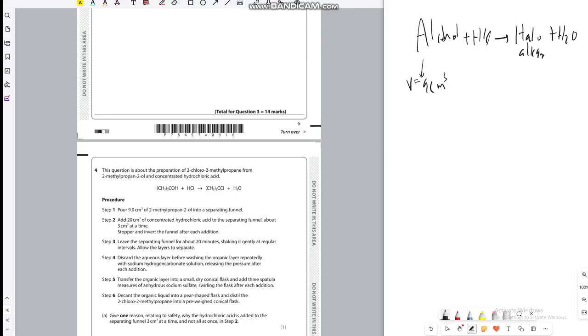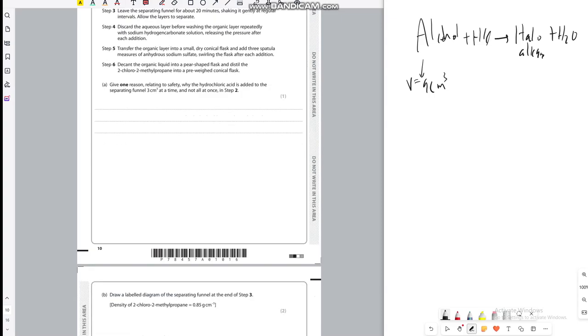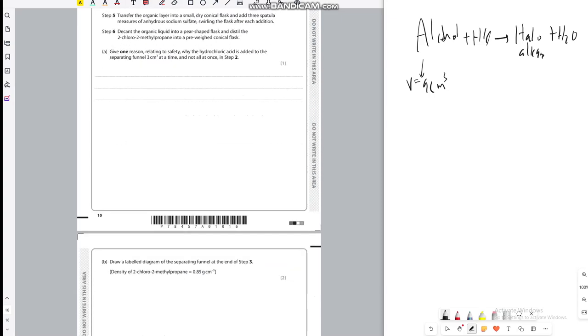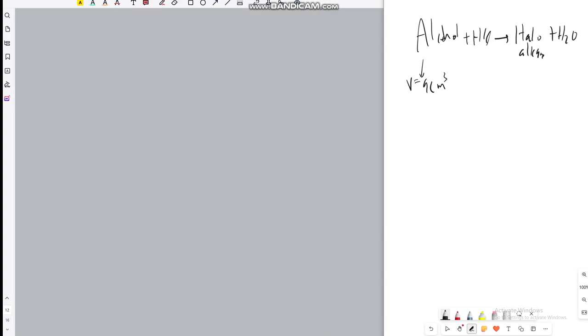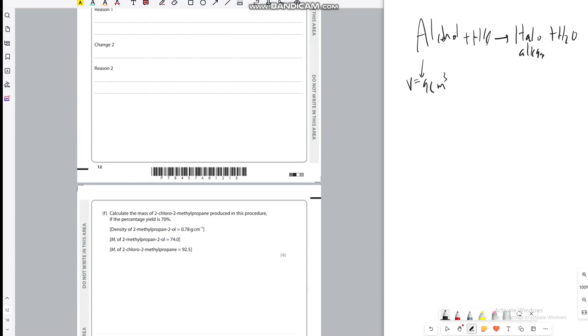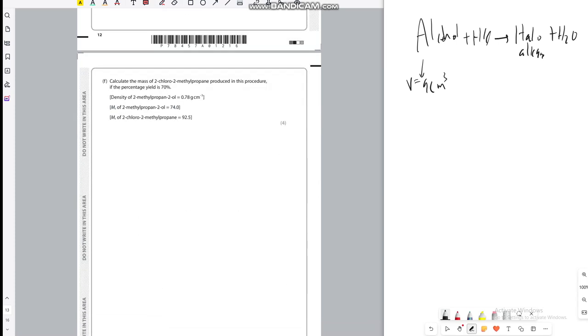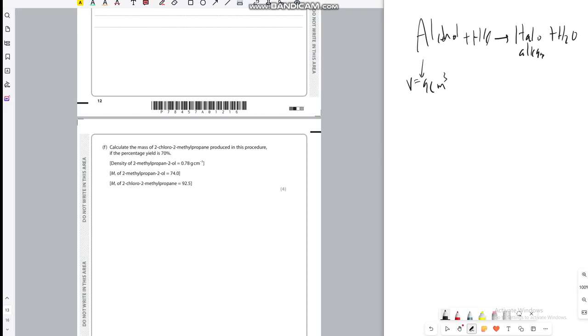Yeah, that's all they have given here. Right. So they have given the density of 2-methyl propan-2-ol. That's the alcohol.